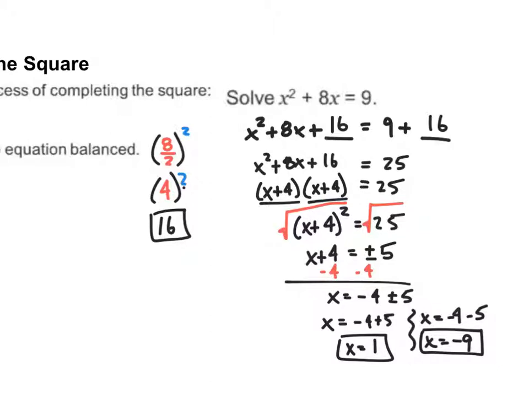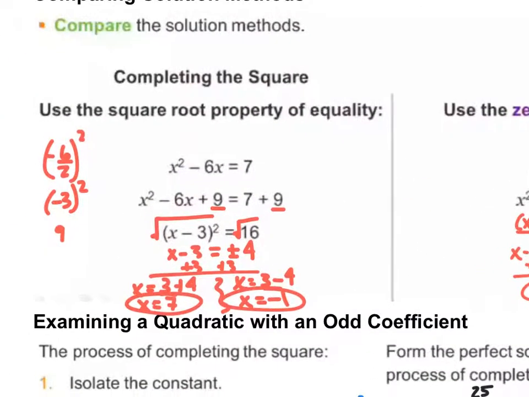When I took my middle term, 8, divided by 2 and then squared it, I got 16. Notice that my 4 pops up here and here. Notice in the next one that when we took our middle term, negative 6, and divided it by 2, we got negative 3. Notice how that number pops up here, and then it pops up here.